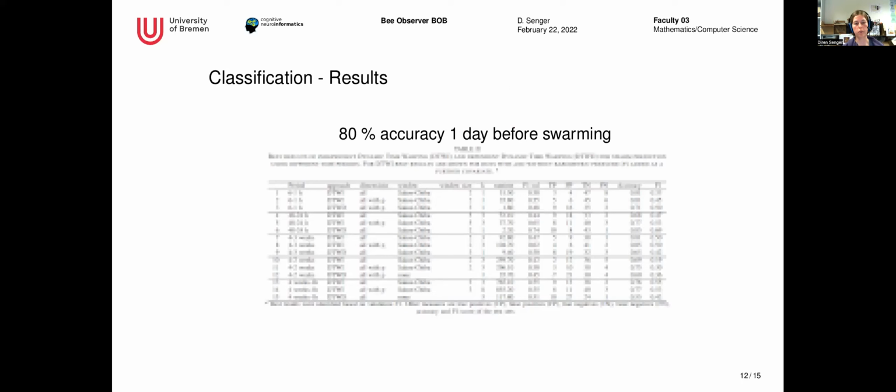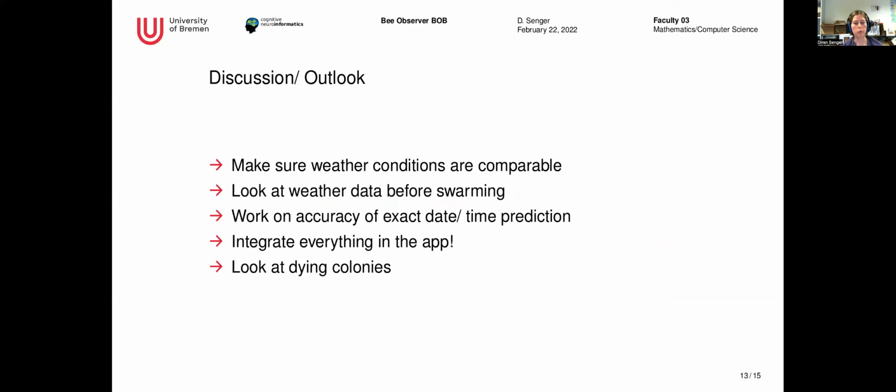We are in the process of publishing it at a conference, and hope we can still improve it. I think there's still some work to do. For example, we want to make sure that the weather conditions between the groups are comparable as well, so that the accuracy measure is fair.